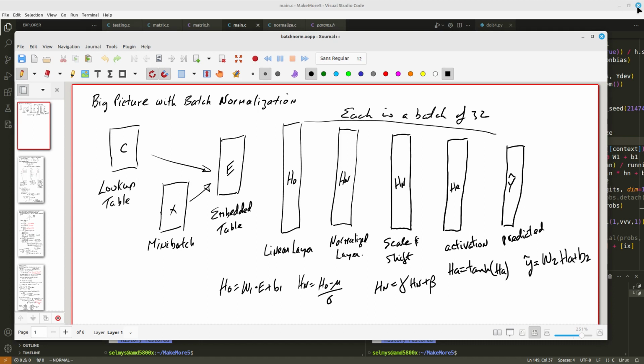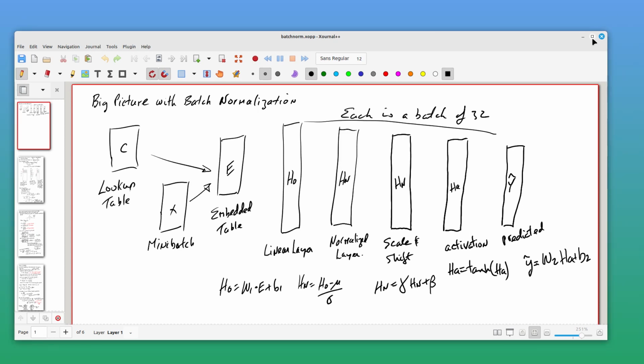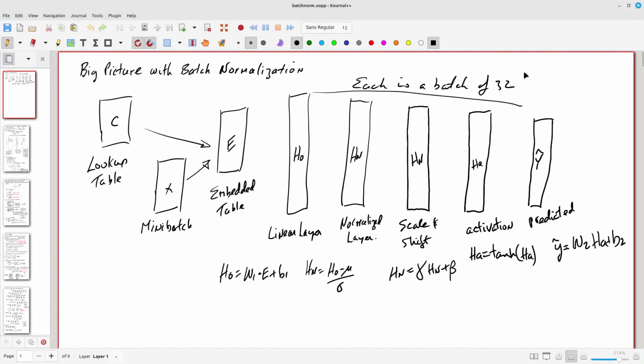Why don't I just close this other window here, and I'll just maximize this one. Let's start at the very beginning here, and let's see if I can go through this to make sense. Okay, so I'm going to use my little laser pointer here, see how well this works.